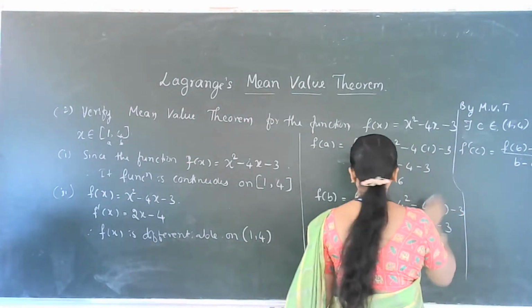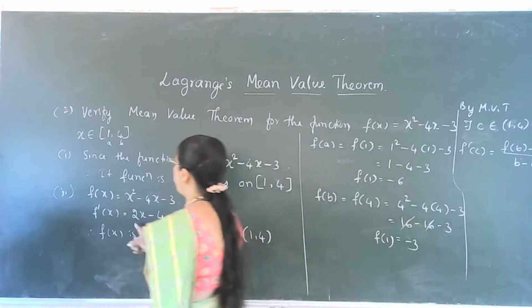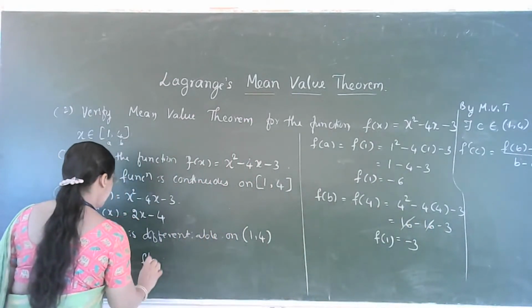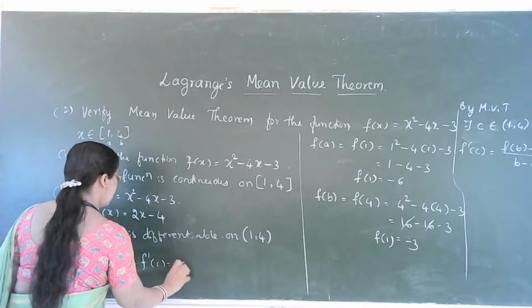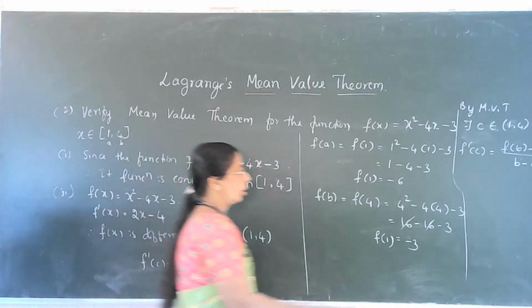Here, we already found f dash x. f dash c is equal to 2c minus 4.